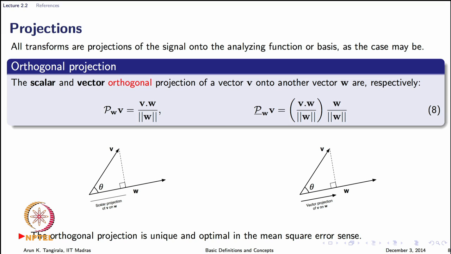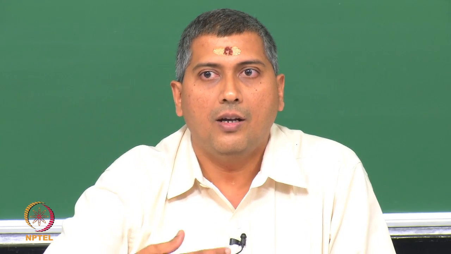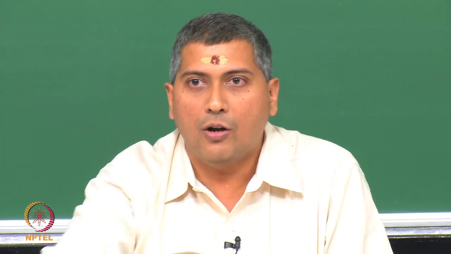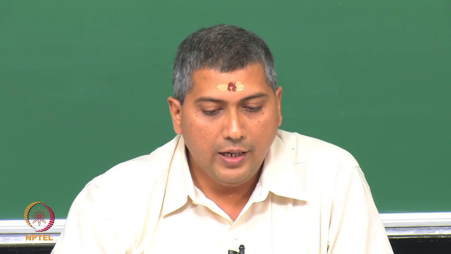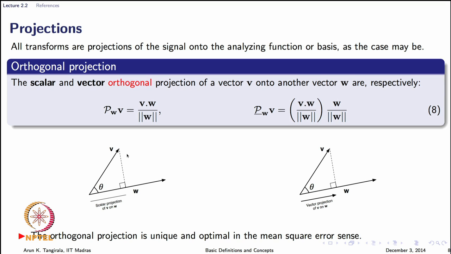The other term for projection is shadow. When we walk on the road in daylight, we see our shadow on the road. That's a projection of the three-dimensional body onto the two-dimensional plane, which is the road. So here I'm projecting v onto w. I can also project w onto v. Nothing prevents me from doing that. This is called the orthogonal projection simply because I'm dropping a perpendicular.